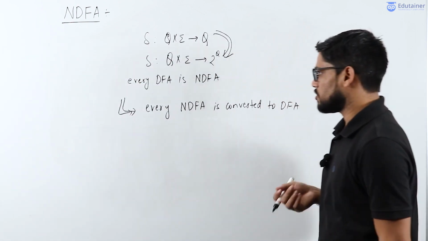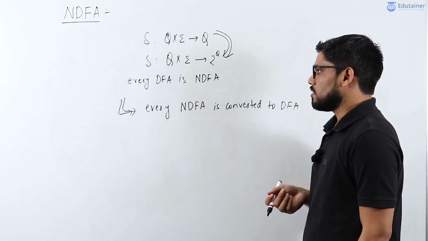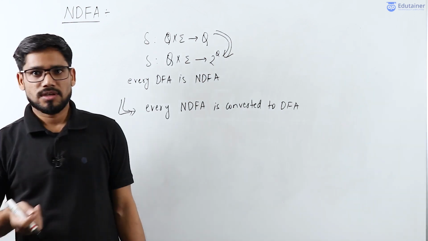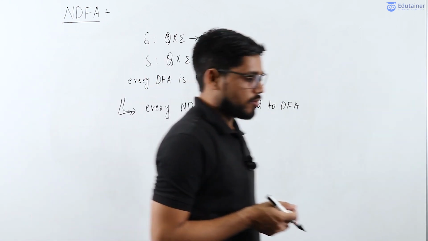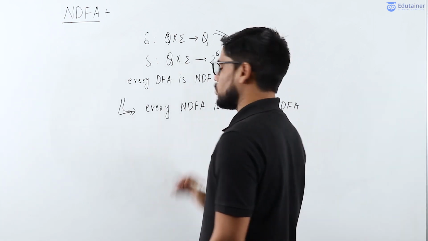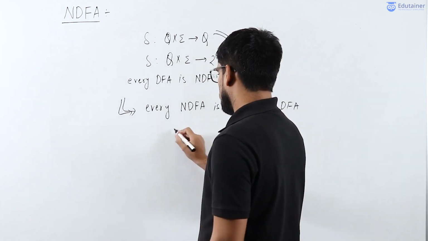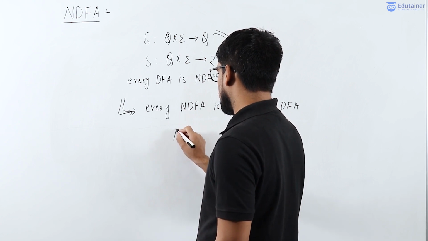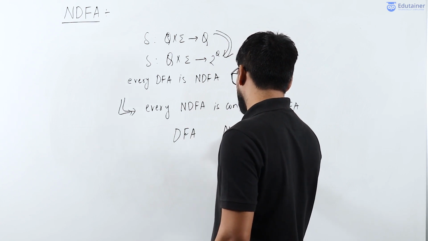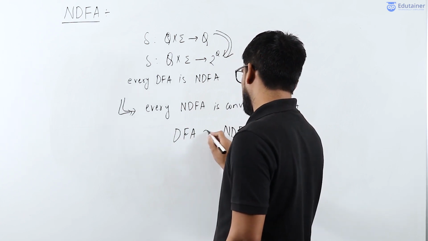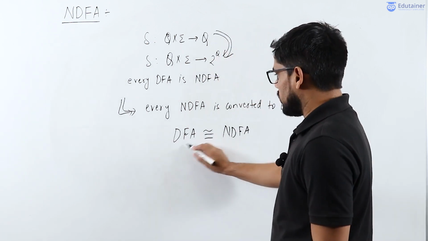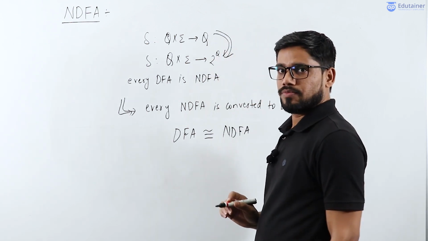The subset construction method tells us that every non-deterministic finite automata machine can be converted to a deterministic finite automata machine. That means every NDFA is also a DFA, and it is stated that DFA and NDFA are equivalent in power. So both machines have equivalent power.